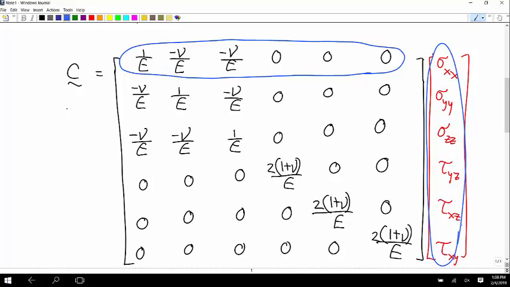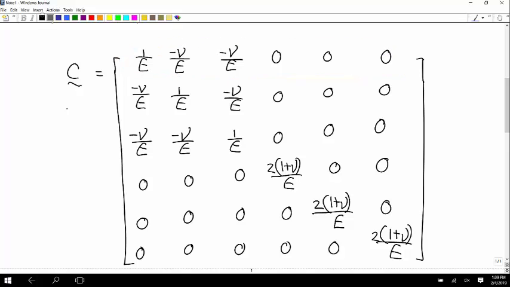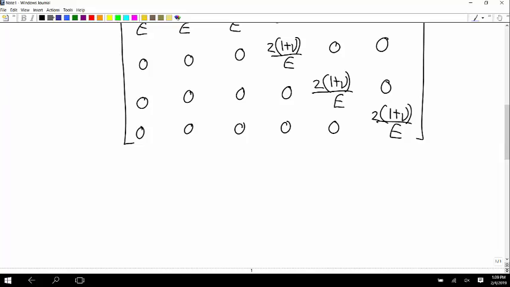So in other words, what this says is the X normal strain is equal to 1 over E times sigma XX minus nu over E times sigma YY minus nu over E times sigma ZZ.